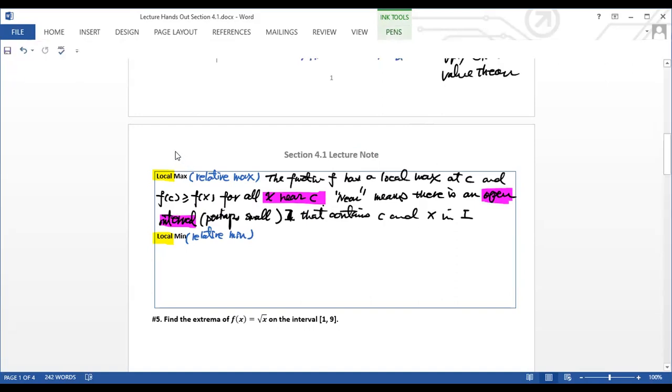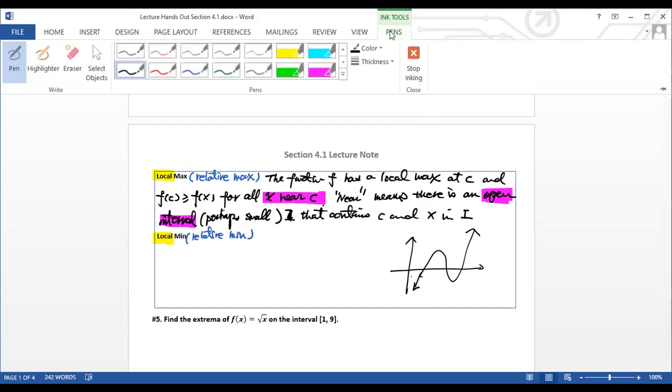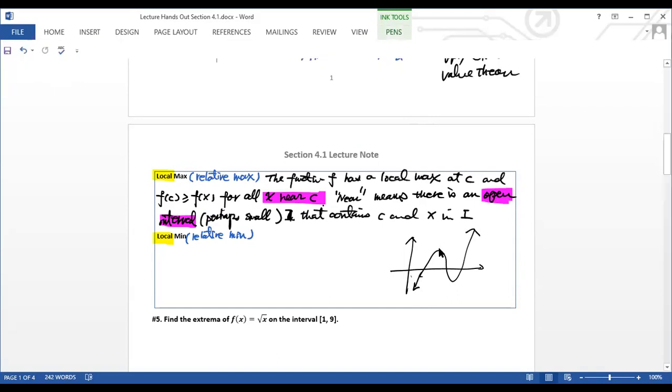Let's take a look at this graph. If I have some function here that continues going down and up, then for this point, obviously this is not the maximum value because the function continues going up. Obviously this is not the minimum value because the function continues going down.